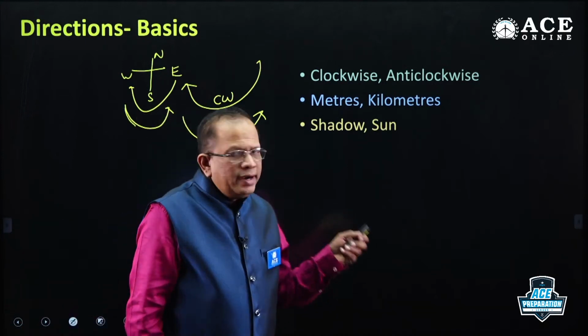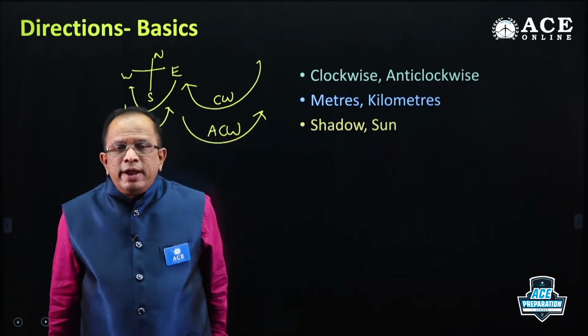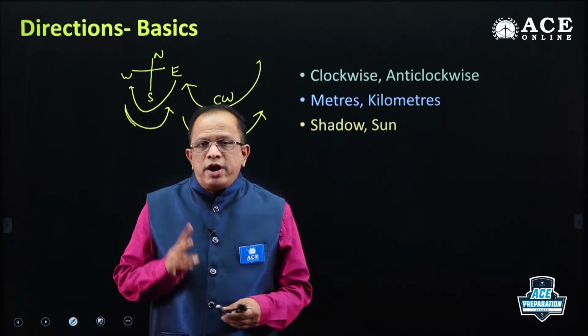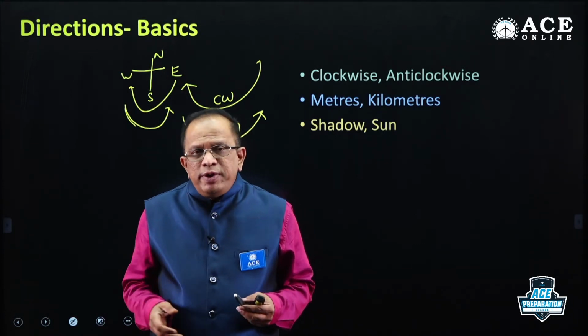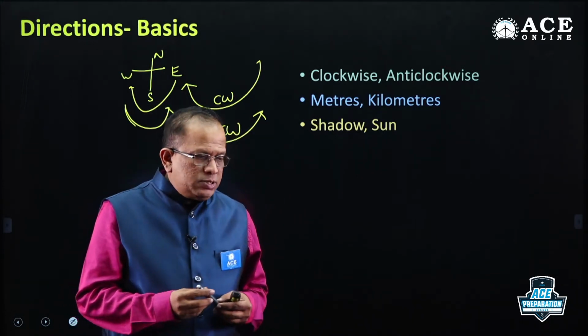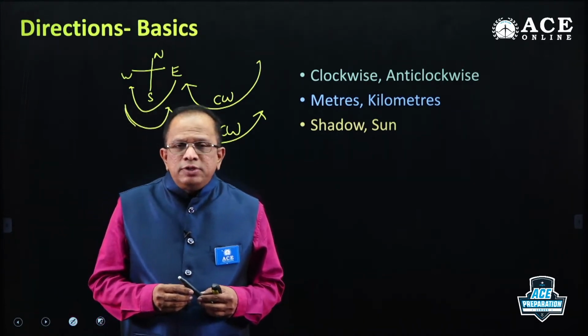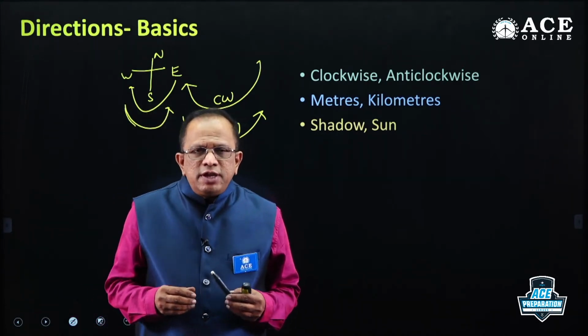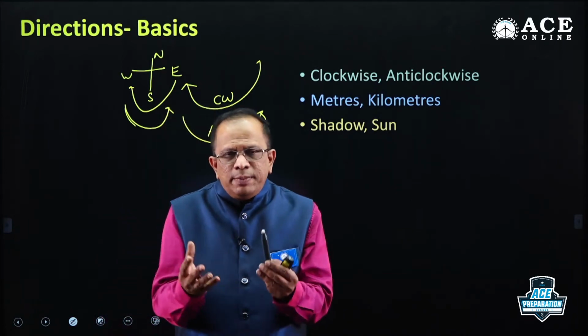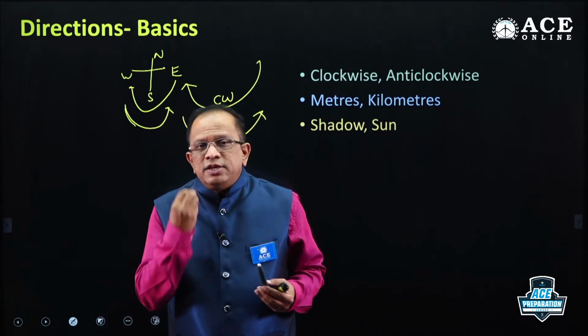Then shadow and sun. Sometimes there will be questions with respect to shadow. When can you experience shadow? Suppose in the morning you are standing opposite to the sun. When you are standing opposite to the sun, it means you are facing east.